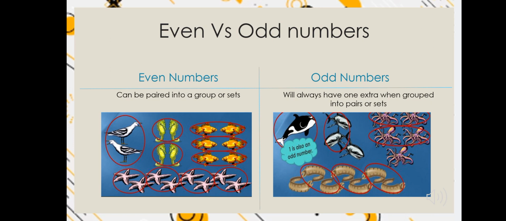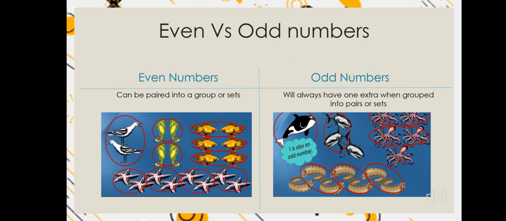The even numbers can be paired into a group or set, but the odd numbers will always have one extra when grouped into pairs or sets. In the pictures you can also see that the even numbers are always paired in the set.